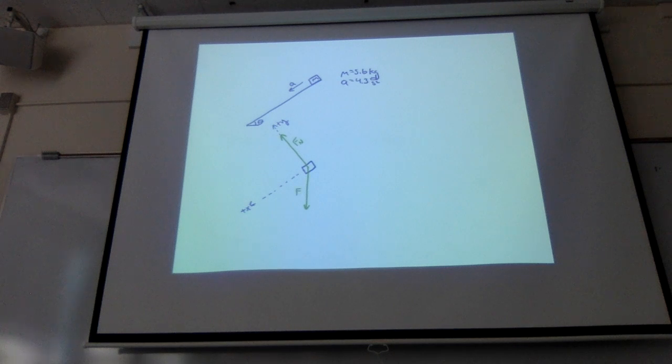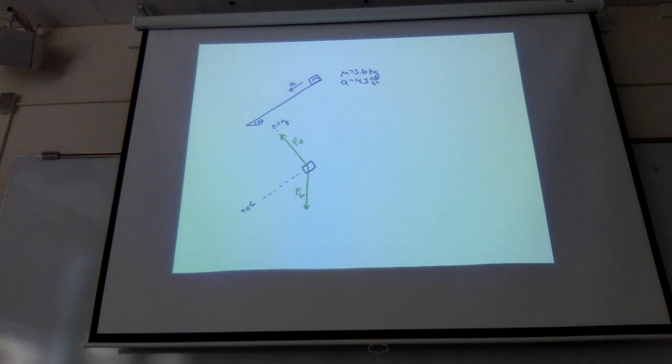So there's gravity. Is there anything else? It specifically said it was frictionless, so we don't have to worry about that. There are no strings or anything like that involved. It's just like, somebody set the box there and it starts sliding, and it accelerates at 4.3 meters per second squared. These are literally the only two forces that are acting on the box, trying to make it do anything.